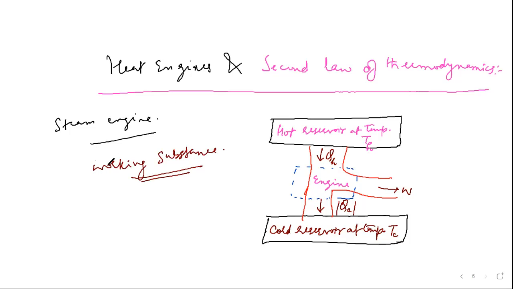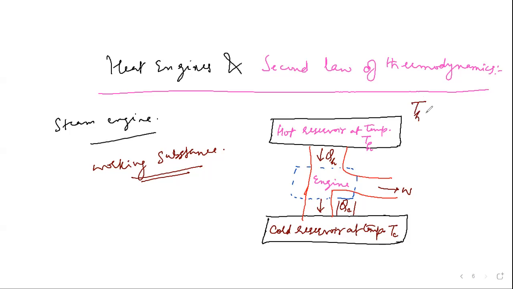What we do, we put some heat into the working substance. Now that heat will be put into the working substance or into the engine by some other system. That system we call hot reservoir, and that hot reservoir will have some temperature, which we have denoted as TH, right?